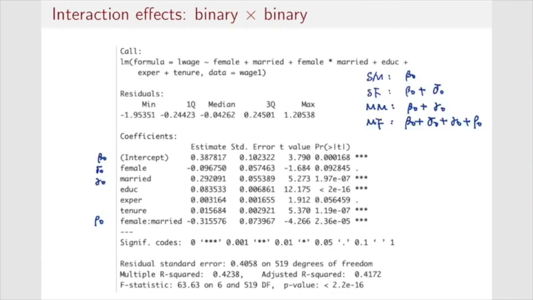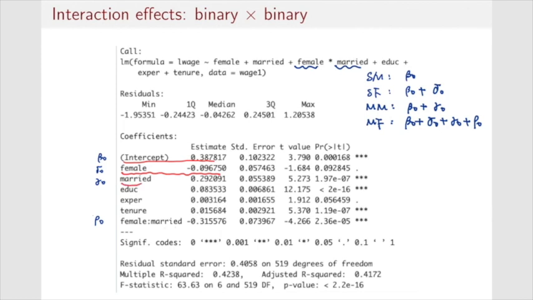Let's check the regression results with an interaction term, and this interaction term is a binary variable, female, times another binary variable, married. The constant intercept is an estimate for the true parameter beta 0.